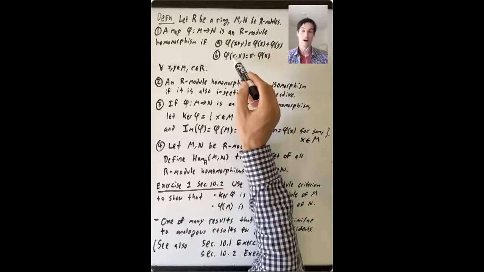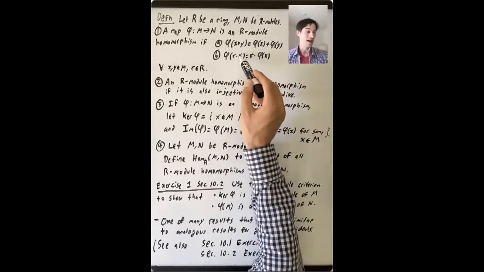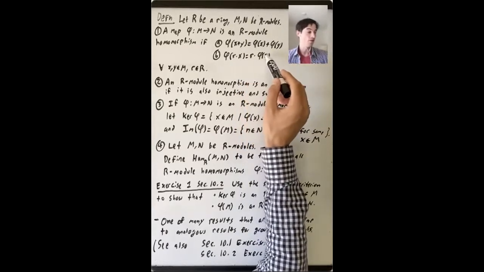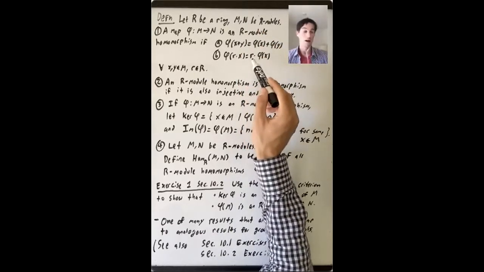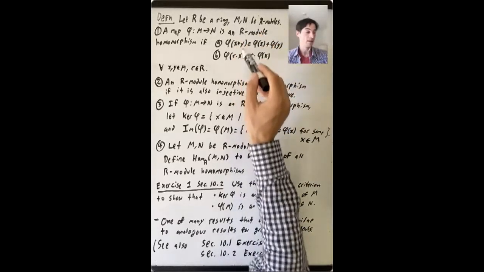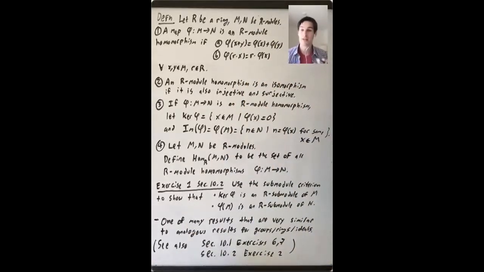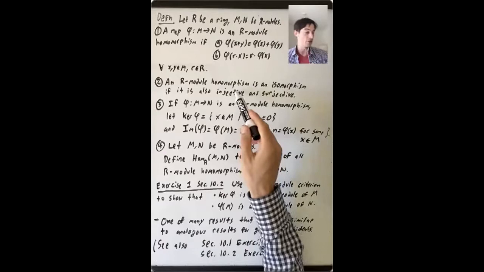So r is an element in the ring, x is in M, and phi of x is in N. So the actions of R on M and on N are compatible with each other in exactly this way. An R-module homomorphism is an isomorphism if it is also injective and surjective.